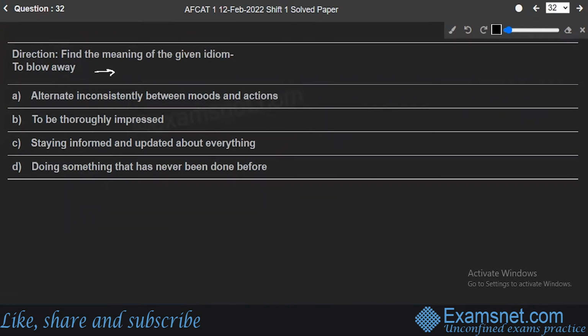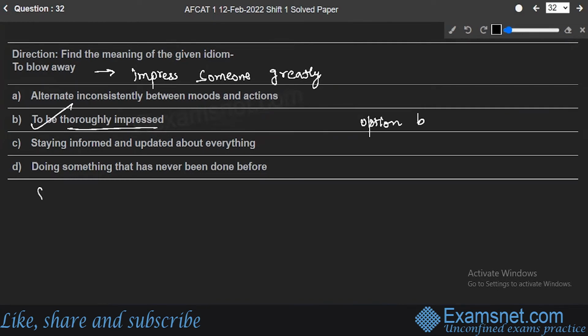To blow away means to impress someone greatly. Right? So this is the option which is going with the given meaning, to be thoroughly impressed. Option B is the correct answer.